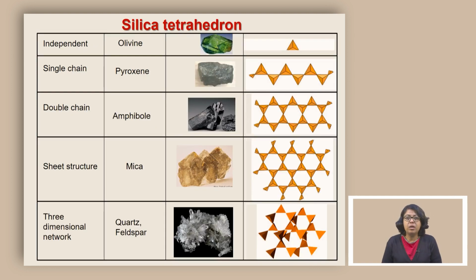This is a structure of silica tetrahedra that we can find commonly in nature. Let us start with the very top one, which is a single independent silica tetrahedron.